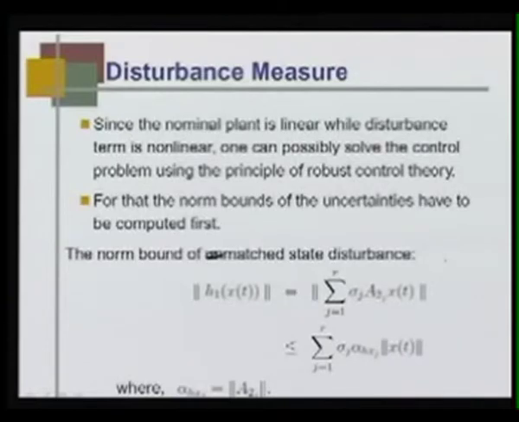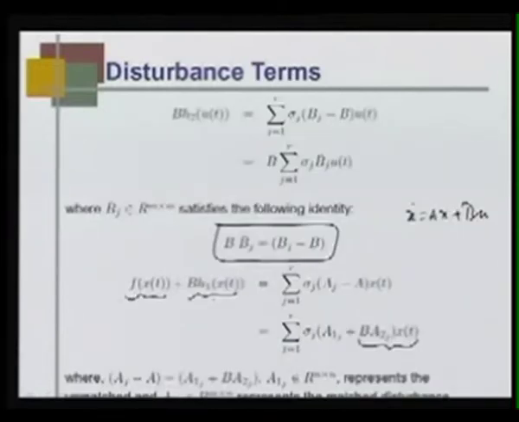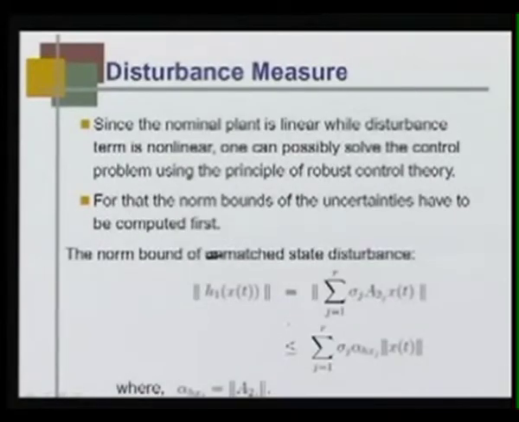The matched state disturbance H1 x(t) is represented as the sum over j equal to 1 to r of A2j x(t), norm, overall norm.